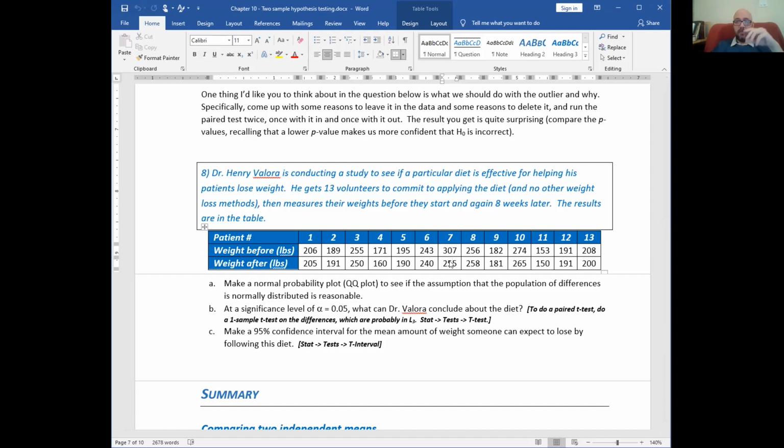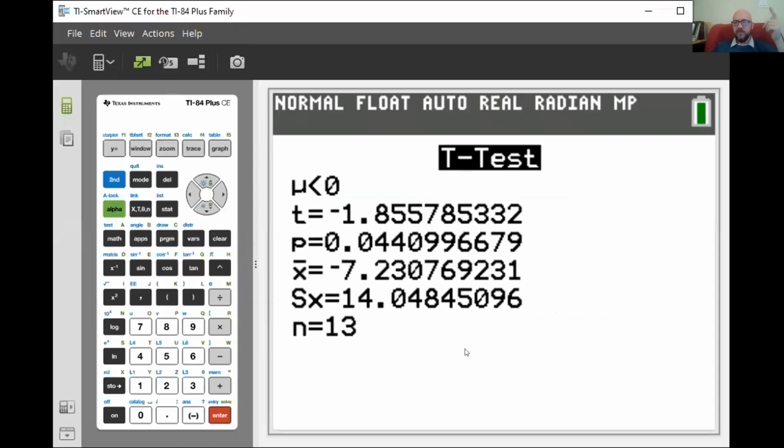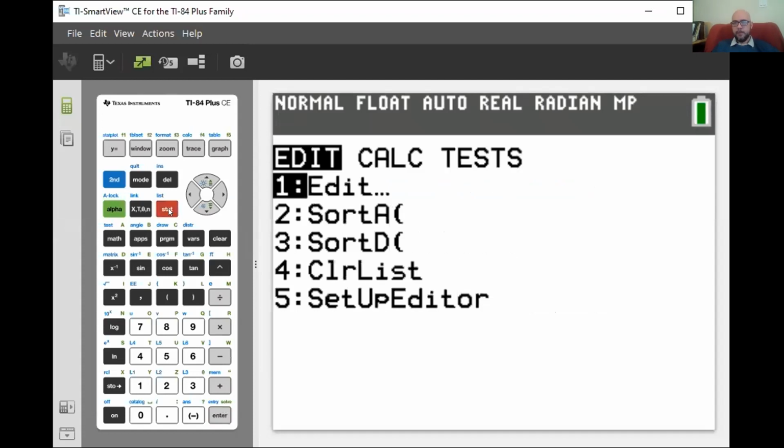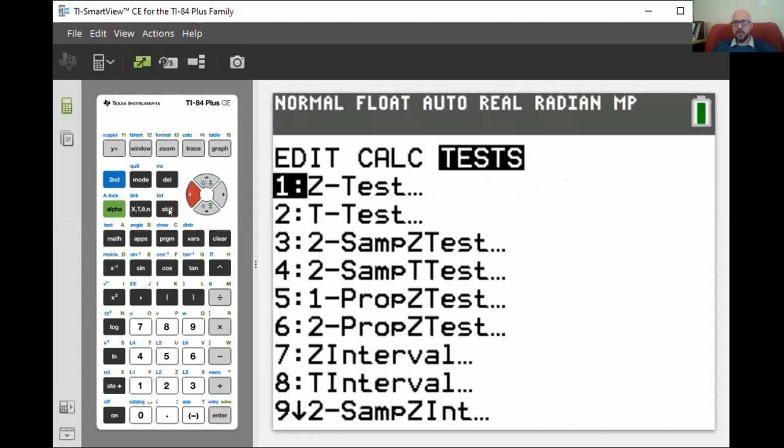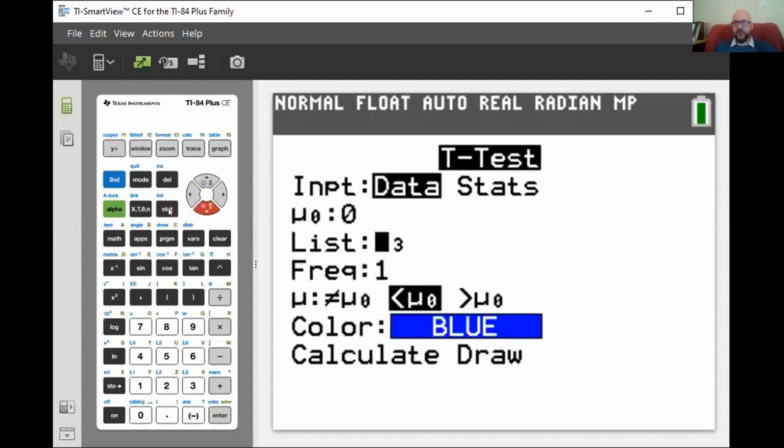A smaller p-value means we're more sure that the diet works. A bigger p-value means that we're less sure. So my intuition tells me that, since the other one was really close, this will probably not be enough information to make us think that the diet works. So let's go ahead and run the test. T-test on L4 this time.